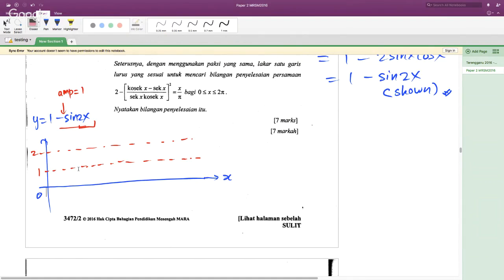It's so hard for me to draw with the pen here. Okay, this is 1 cycle. I'm going to go until 2 cycles. So this is my graph for 2 cycles. Each cycle here is pi.